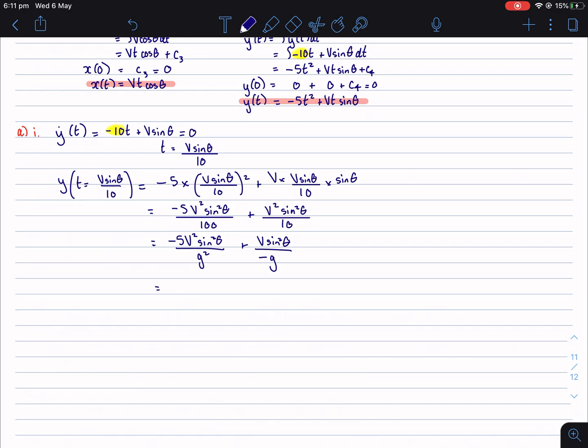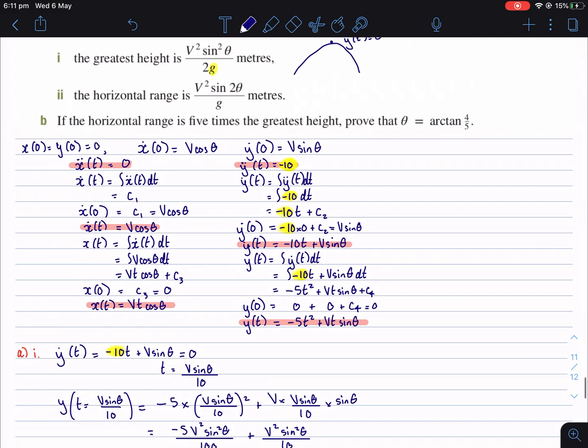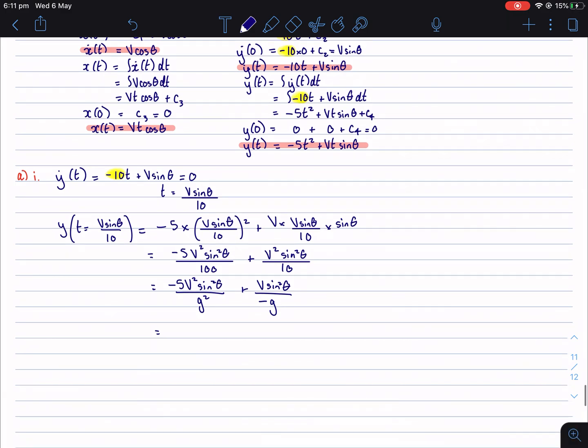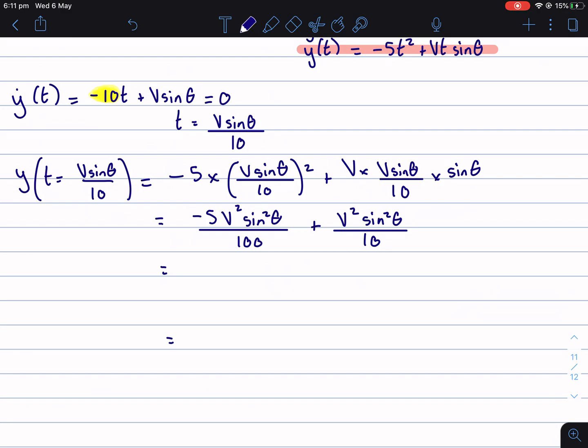So if I want to put these together, no, maybe I'll do that at the end with the g's. So I've got negative v squared sin squared theta over 20, because I'm cancelling the 5 and the 100, and I want to get this one over 20.